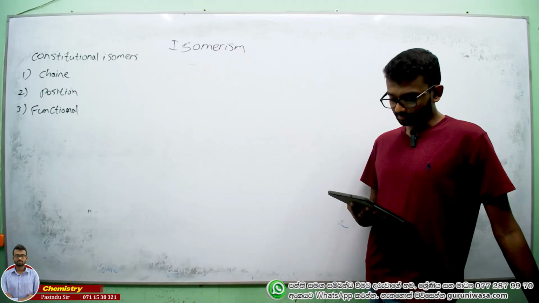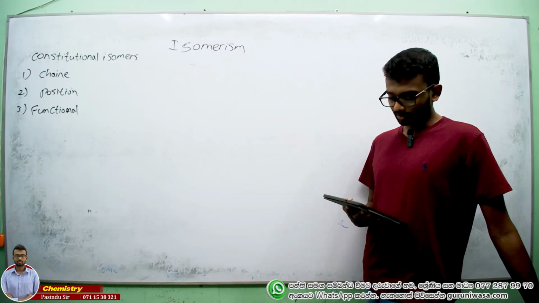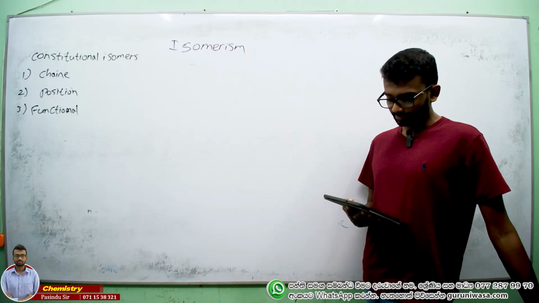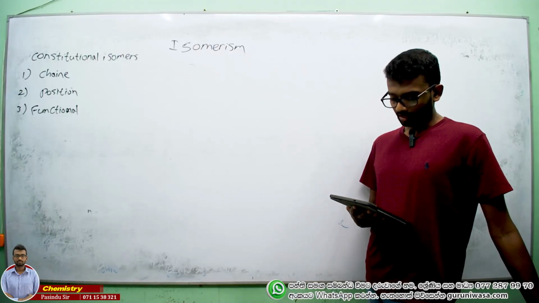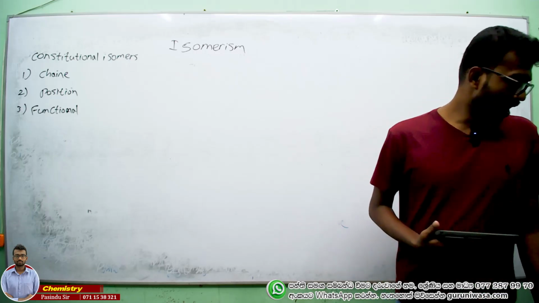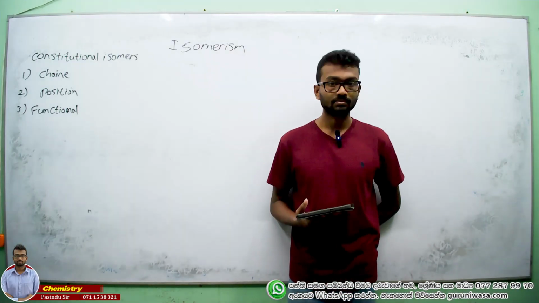Isomers that differ in the order in which the constituent atoms are connected to each other are called constitutional isomers.